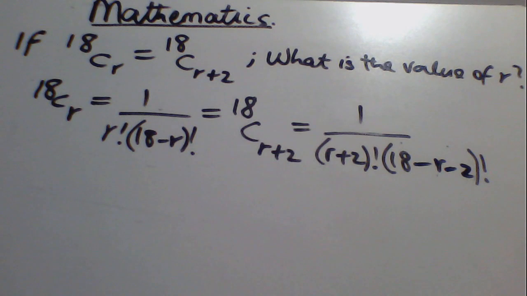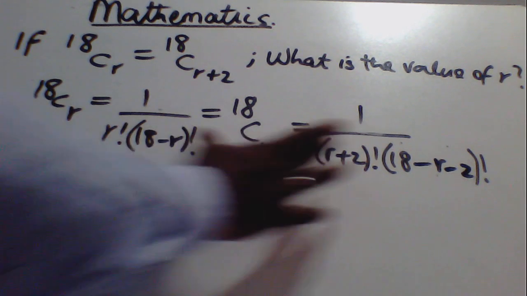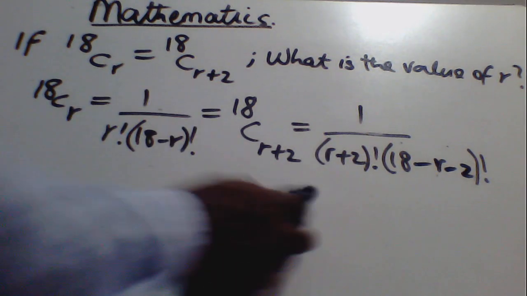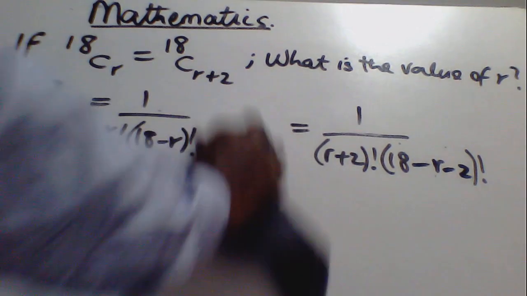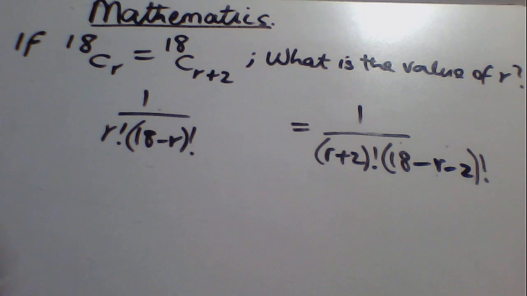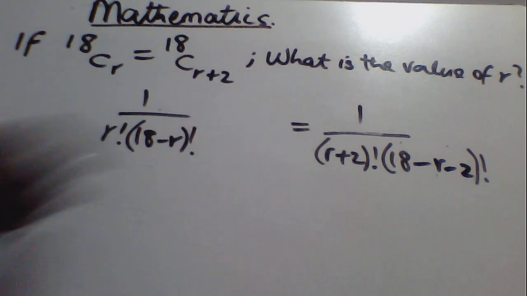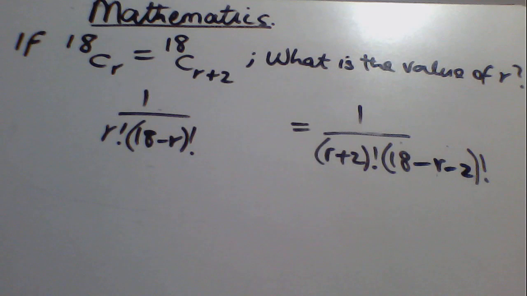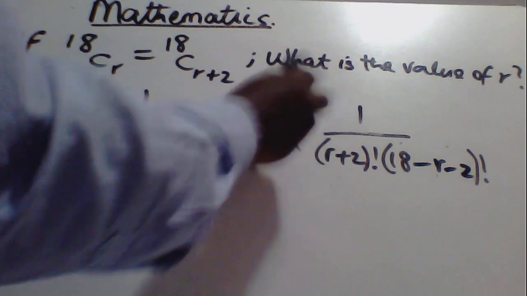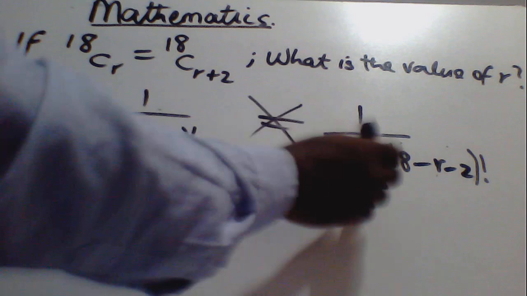Once we have done that, the next thing is to bring the two equations together. Notice that we have the left hand side and the right hand side. The next step is to cross multiply, which means 1 times this.